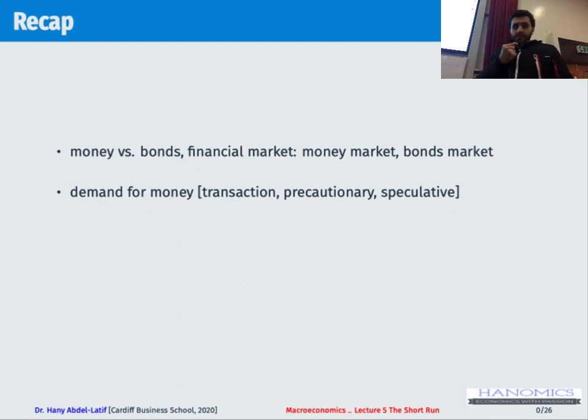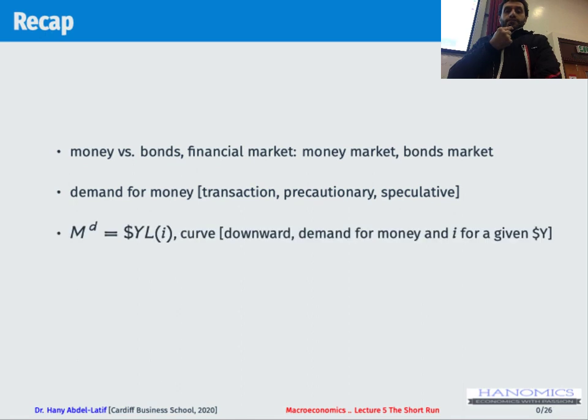So we started with demand for money, and we said there are 3 reasons why people demand money: transaction demand, precautionary demand, and speculative demand. The first one, the transaction demand, depends on income, and the other 2 depend on the interest rate.